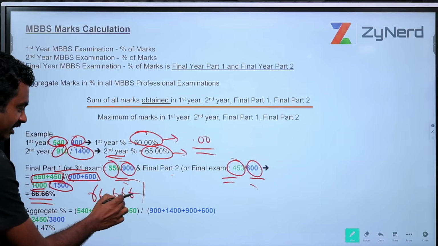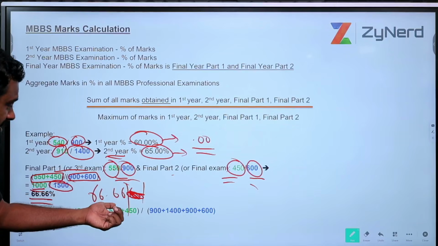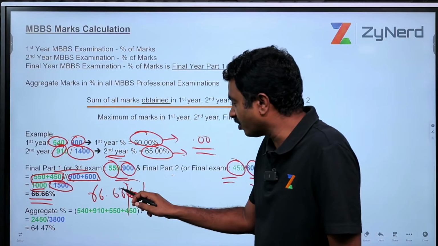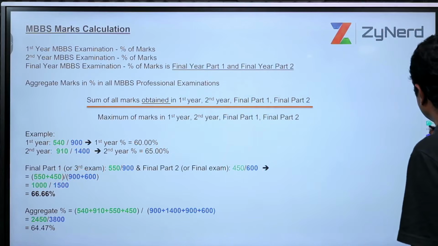NBE has mentioned that you will not use digits beyond this, even though they have mentioned it as closing at 2 decimal points. They have not done it as 66.67 in their example, so put it as 66.66.